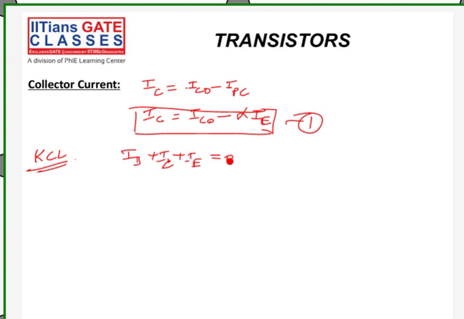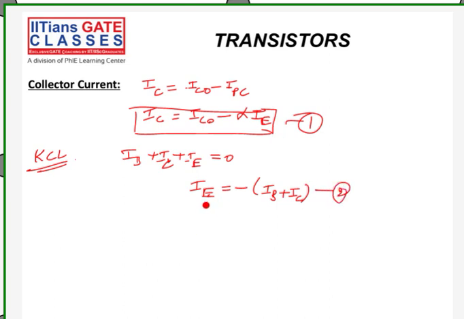So from this I can write IE as minus of IB plus IC. So here equation 1, I can write it, this is equation 2.